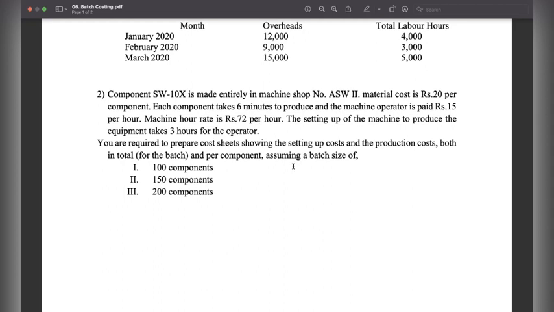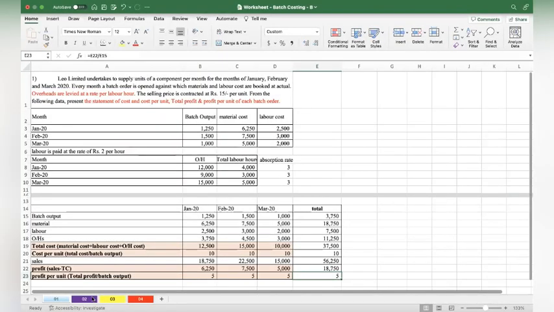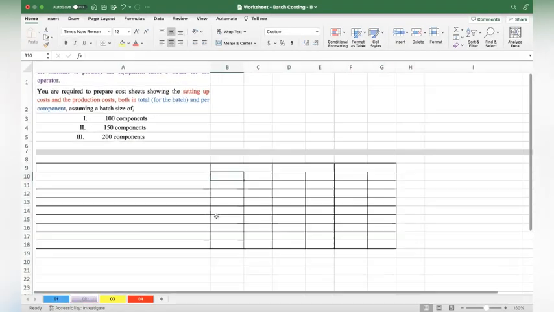So we have machine hour rates, then machine operator salary, then materials, right? Setting up the machine takes 3 hours for the operator. Okay, this question may seem a bit tricky, but it's very easy. So we'll discuss, then you will understand properly. Okay, question number 2.